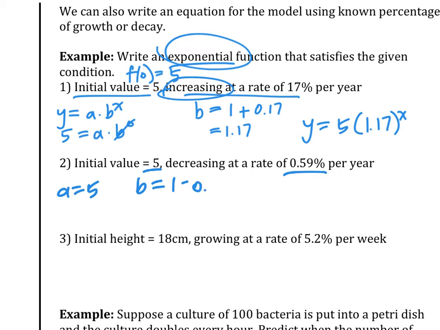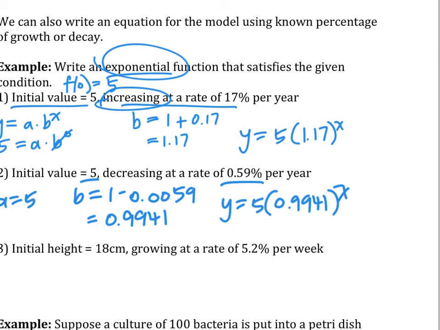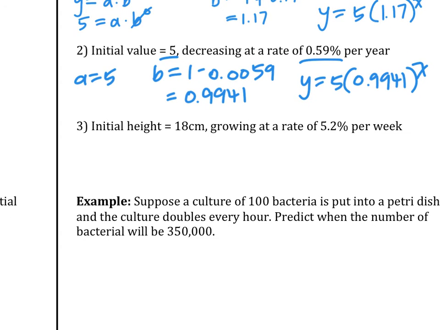So this is actually 0.0059. 1 minus 0.0059 is 0.9941. So y equals 5 times 0.9941 to the x. All right, go ahead and try this next one.